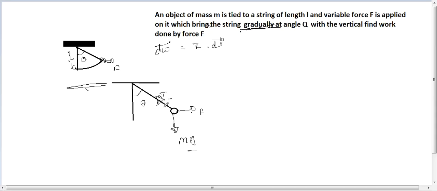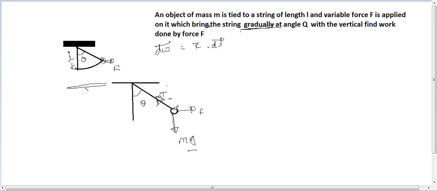But here the problem is we do not know T either. So it becomes quite difficult to solve the question this way. The only force we know is mg, so balancing is not going to work here.